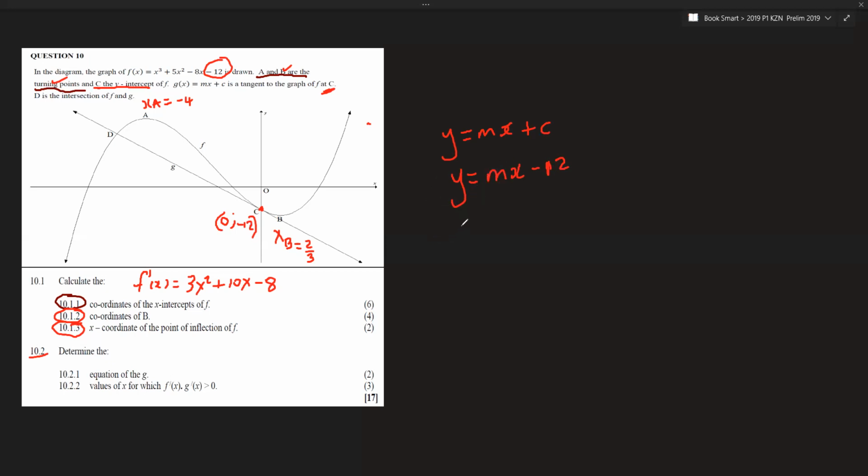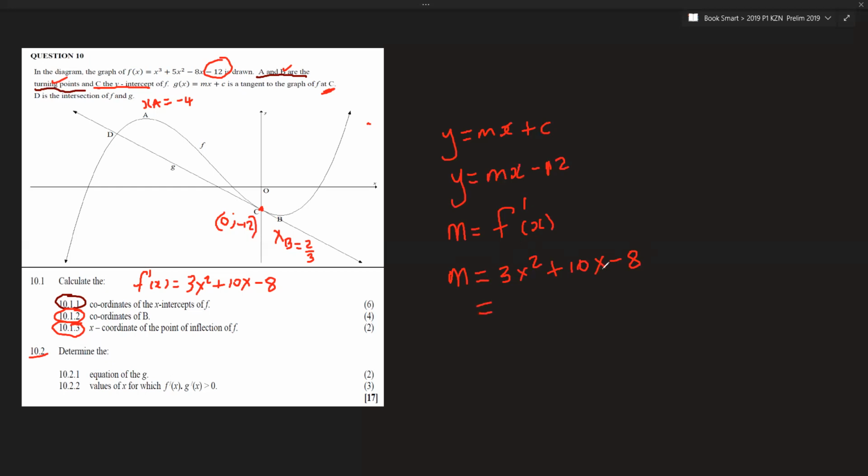It's so easy. The gradient, remember, the derivative is also the gradient, right? So you're always going to take the gradient of the tangent as the same as the derivative. Sure. So basically m is 3x squared plus 10x minus 8, right?